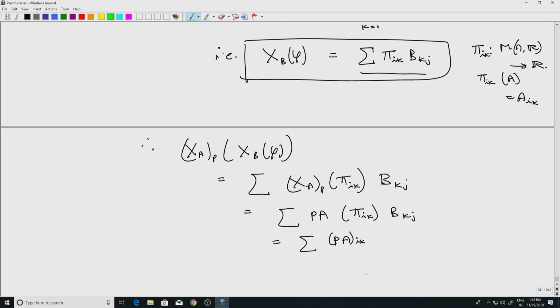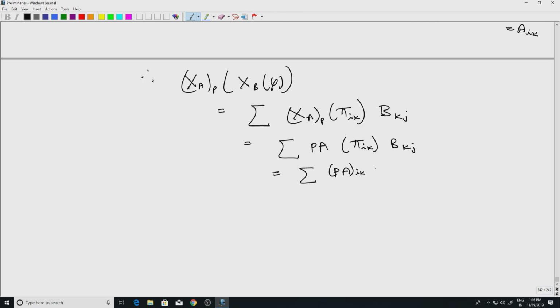And then I have B_kj, and this thing B_kj is the same, right. And this of course is the ij-th entry of the matrix PAB, the ij-th entry of this matrix PAB.